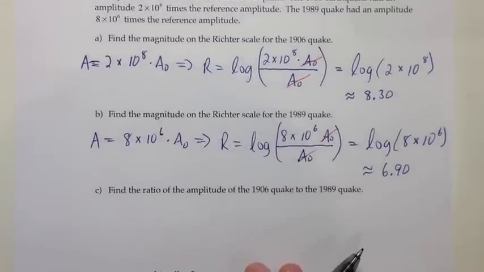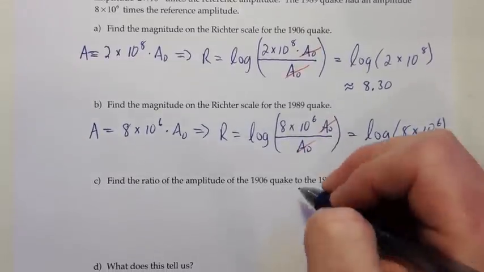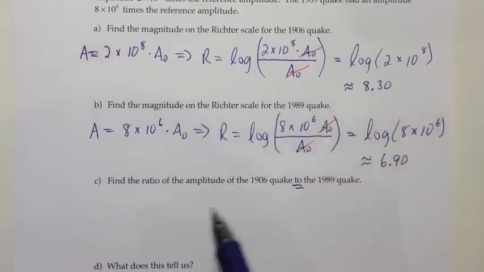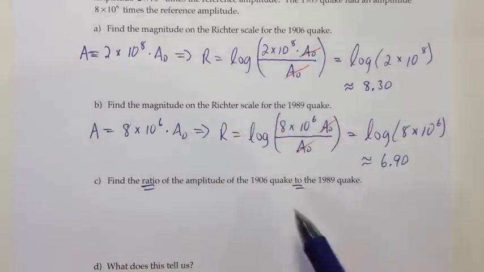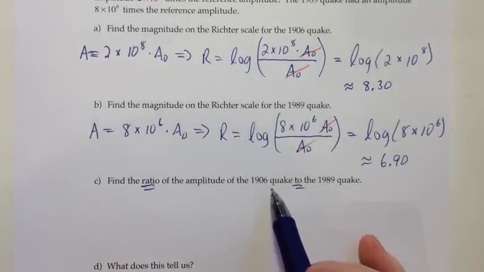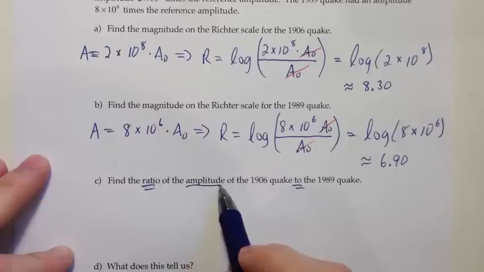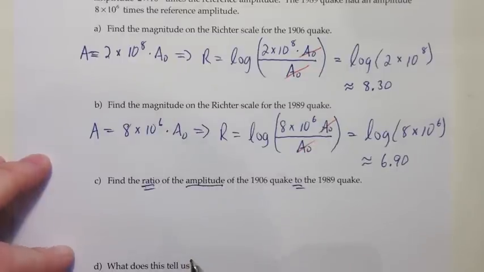Alright, so now let's find the ratio of the amplitude of the 1906 quake to the 1989 quake. And when they talk about doing the ratio of one number to another, we always put the number that comes first in the numerator and the number that comes second in the denominator. And they want us to use the amplitudes in doing that, not the magnitudes.